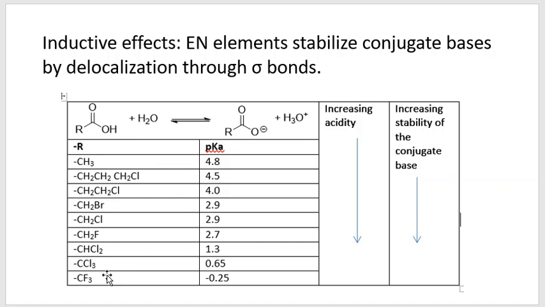And then if you have fewer of those, like CH2F, you can see that it's still more acidic than just having a CH3 group, but it's not as acidic as when you have more of the fluorines. And then when your electronegative element is further away, it also has less of an ability to spread out the charge, delocalize the charge through sigma bonds, which is what we call an inductive effect.